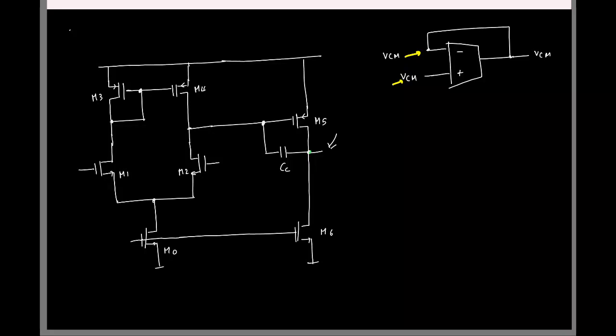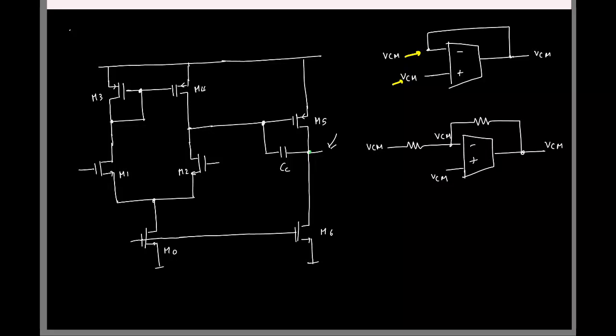Okay, and even if you have a non-unity feedback with some resistors, I think we again saw it during some slew rate calculation. This will be at VCM, this will be at VCM, and here also you connect it to be at VCM, so that without the signal there is no current flowing. So that will enforce this voltage to be also at VCM. So the important point is the output, which is the drain voltage, the bias of that is set by the negative feedback, okay, and this negative feedback must be active at DC.